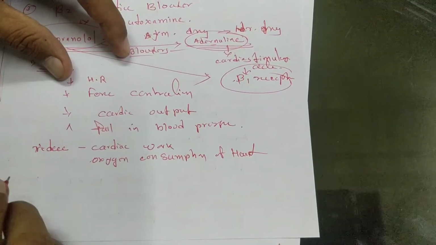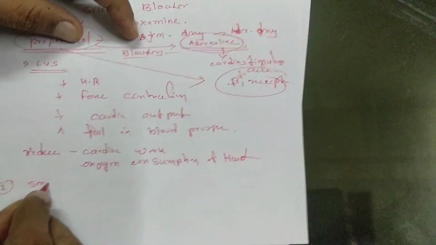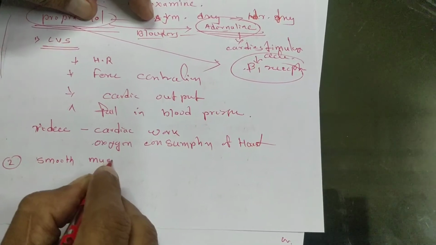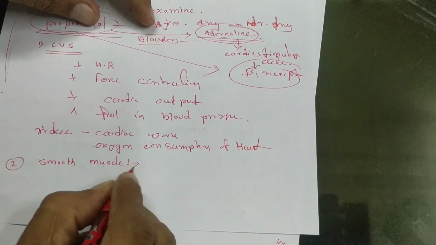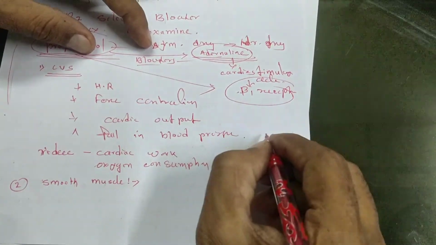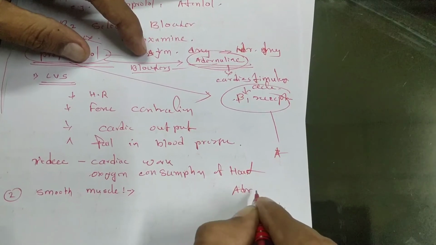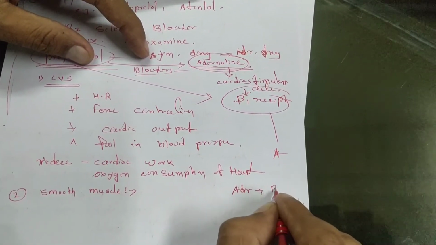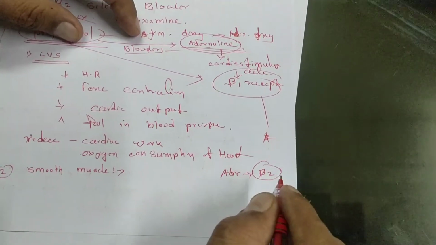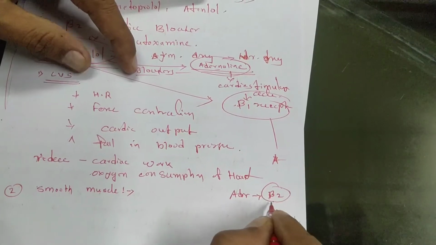Second, action on smooth muscle. Adrenaline stimulates the beta 2 receptors, and it can be used in the treatment of asthma. All the smooth muscle can be dilated.